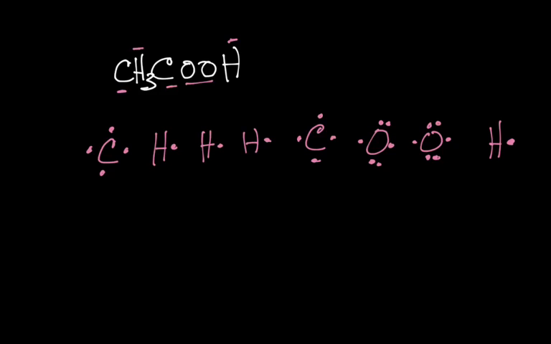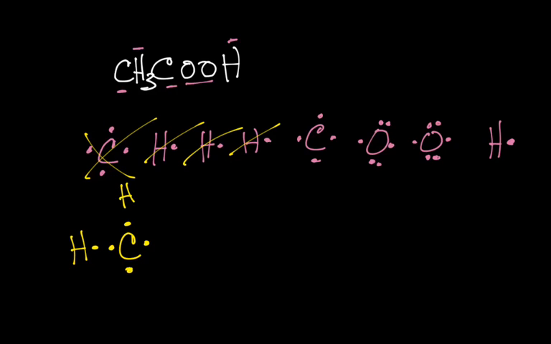So I'm going to put a C here, and I'm using that first C. Then we have H's. Now, H's can only bond one time. So we know that the H's are not going to be bonding with both C's. So I'm going to take these 3 H's and place them around the carbon like that.